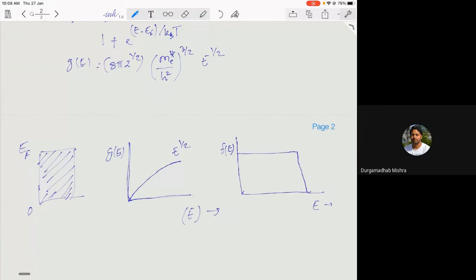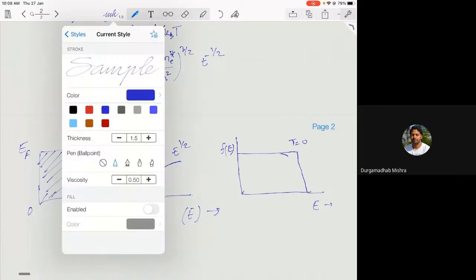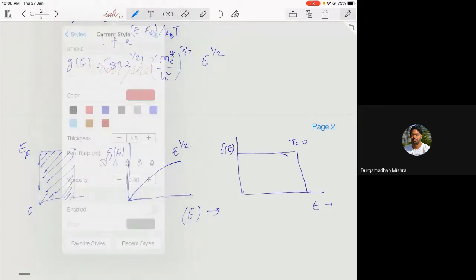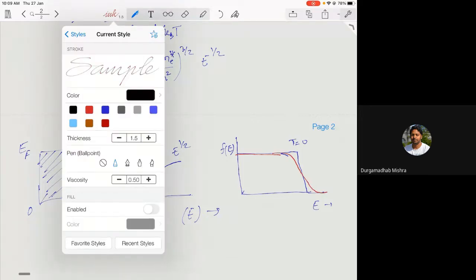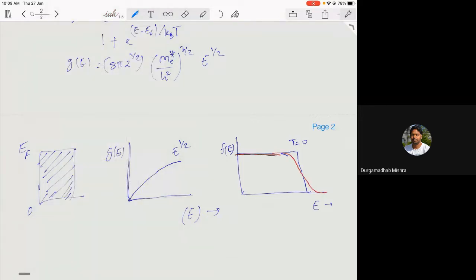And when you increase the temperature, it will be like this, and as you further increase the temperature, you have this.